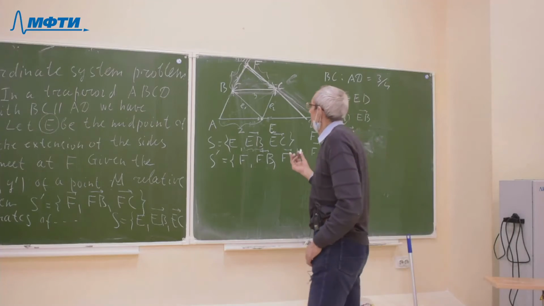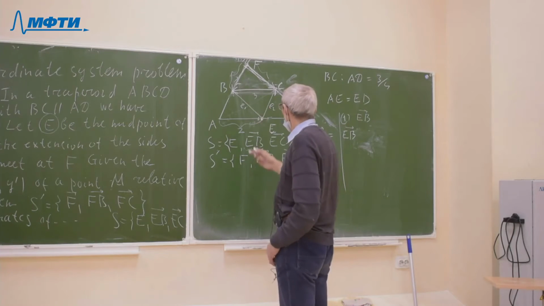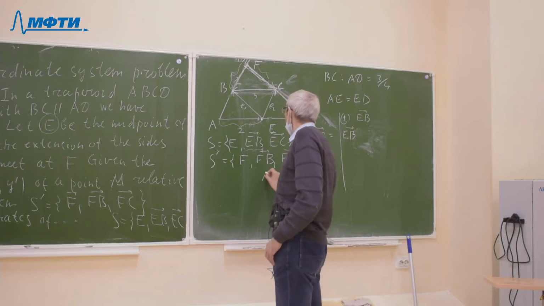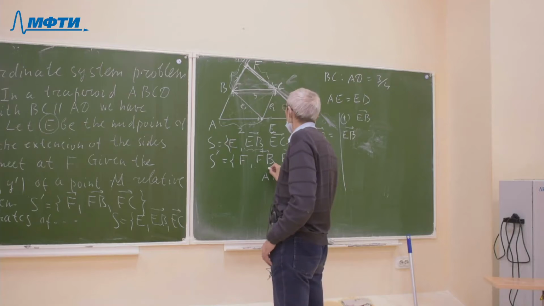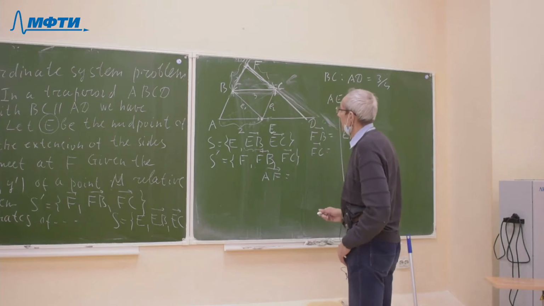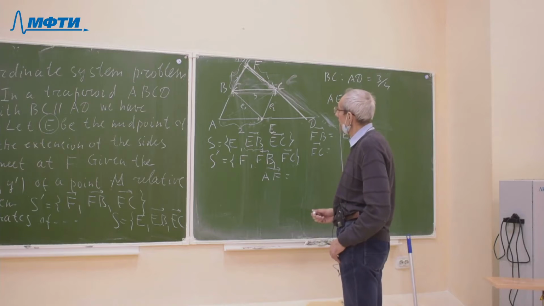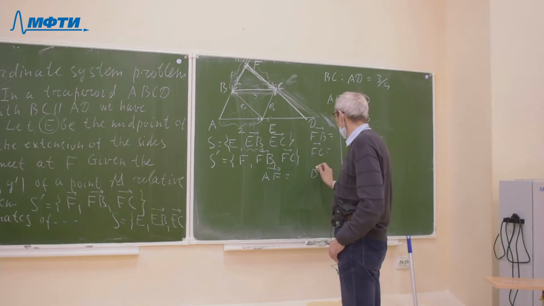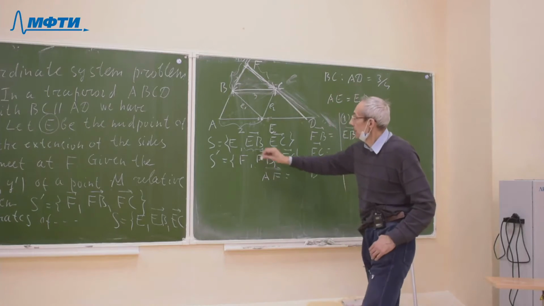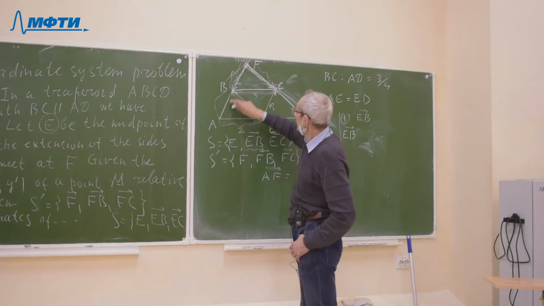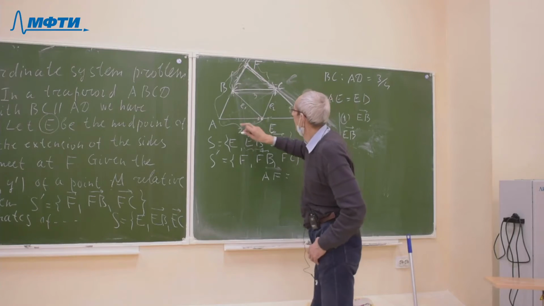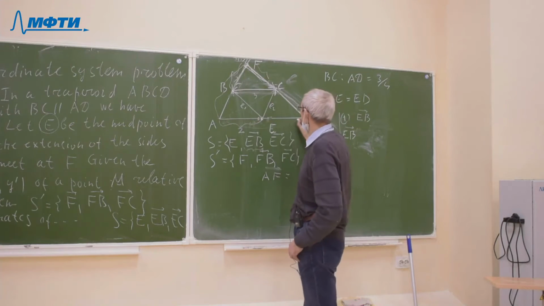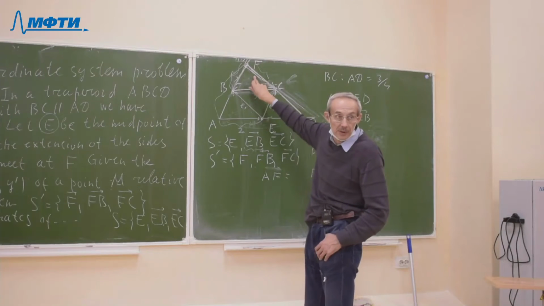And we have the relation, then AF is equal to BF, the length of this side. The ratio of the length of this side to this side is equal to the ratio of this side to this side, because these triangles are similar.